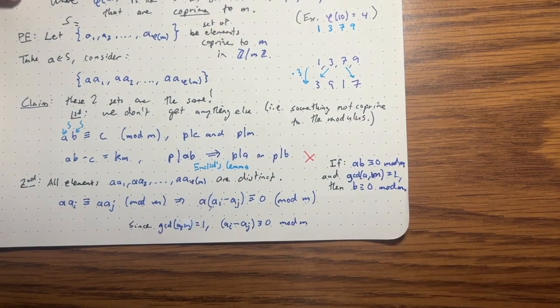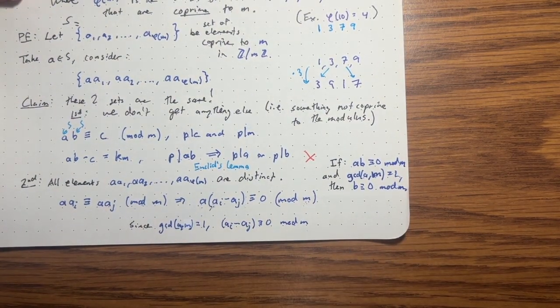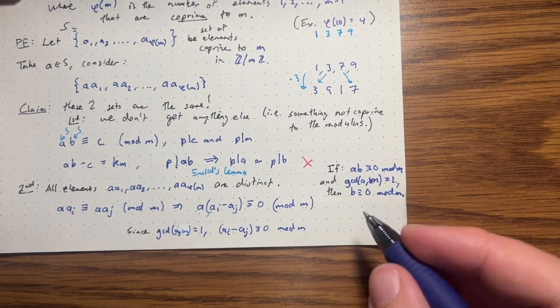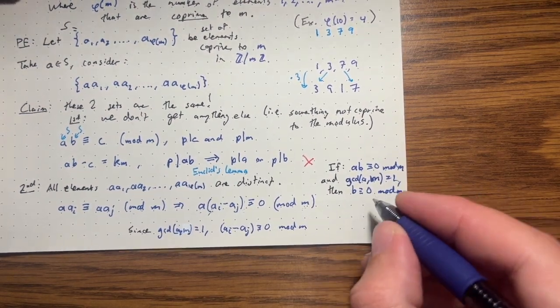Well, it's essentially the same idea as the proof of Euclid's lemma. I think I showed this once before, but it's such a nice idea. I just can't resist showing it again.